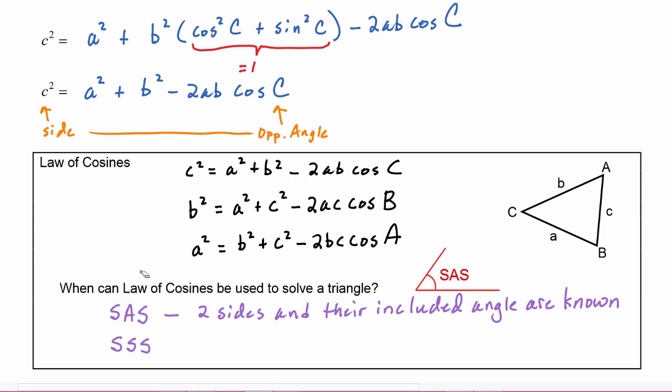The other time you can use law of cosines is when you have side, side, side, and what that means is all three sides are known.